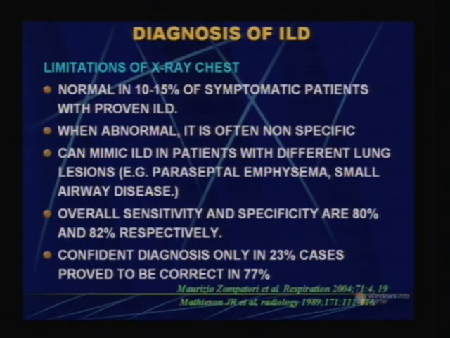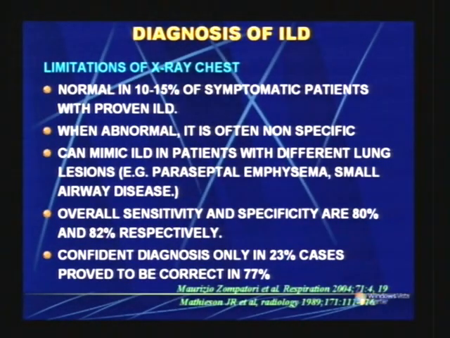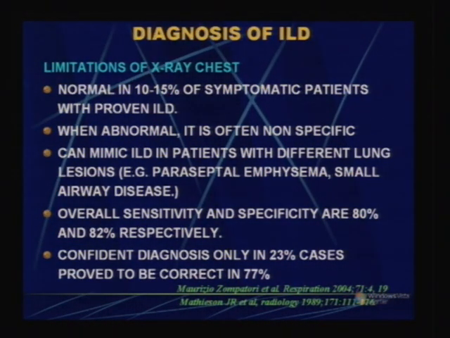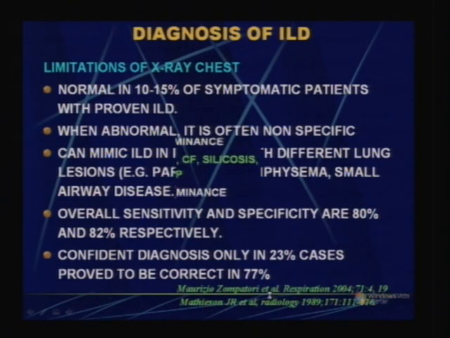It can also result in various patterns which can mimic different conditions like paraseptal emphysema, small airway disease, and it may be difficult to differentiate. The overall sensitivity and specificity of this modality is something to the tune of 80 to 82% respectively. A confident diagnosis can be made by experience in 23% of these cases, which are later proved to be correct on histopathology in 77% of cases.